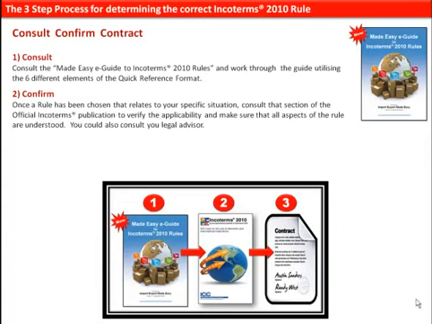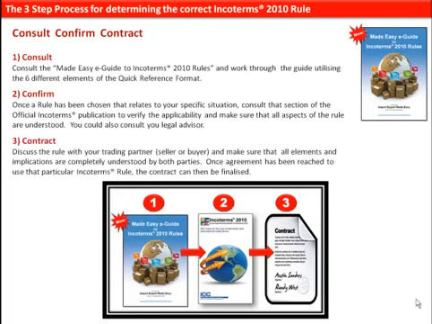Once a rule has been chosen that relates to your specific situation, consult that section of the official Incoterms publication to verify the applicability and make sure that all aspects of the rule are understood. You could also consult your legal advisor. 3. Contract. Discuss the rule with your trading partner, seller or buyer, and make sure that all elements and implications are completely understood by both parties. Once agreement has been reached to use that particular term, the Incoterms rule, then the contract can be finalised.